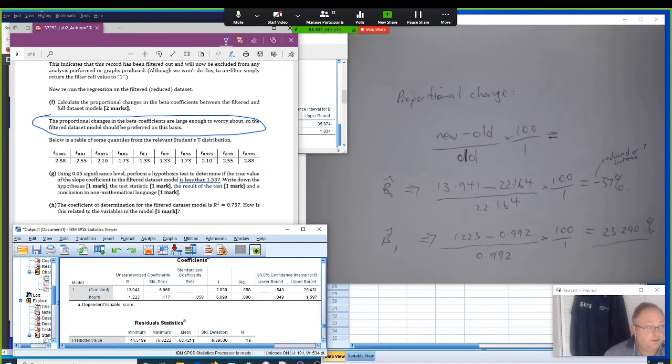Okay, so the hypothesis formulation now is quite important.